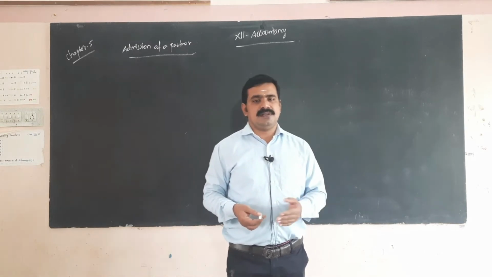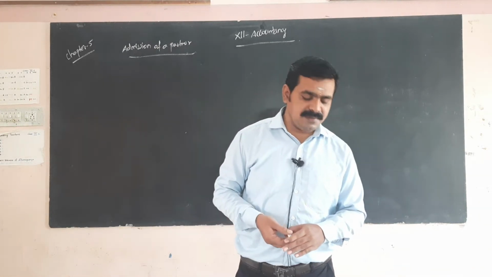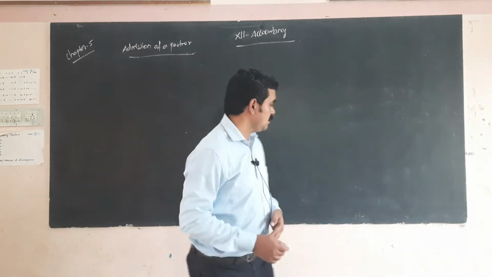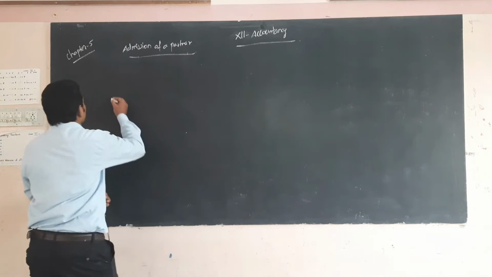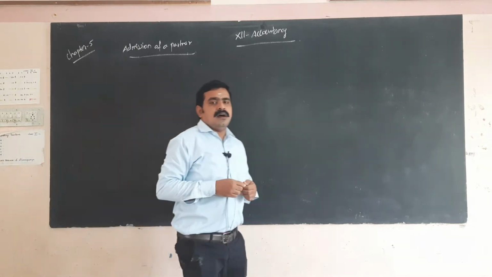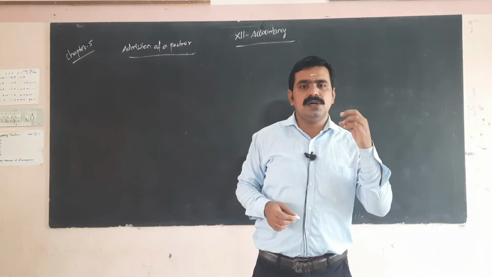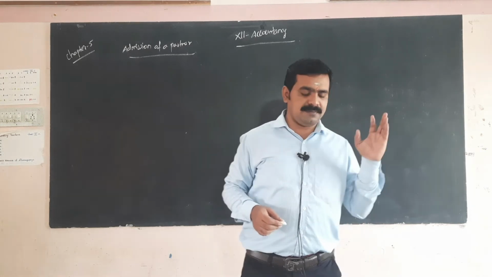Next, revaluation of assets and liabilities. The revaluation of assets and liabilities is a very important concept in chapter 5. We have to follow some important rules and regulations in this chapter.